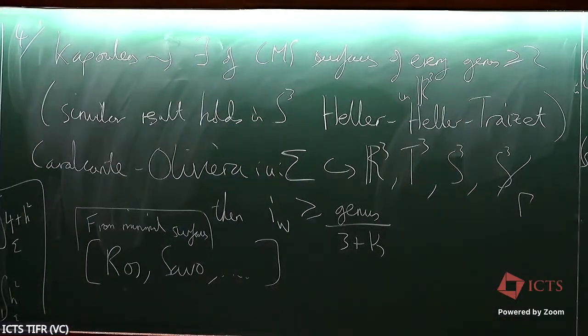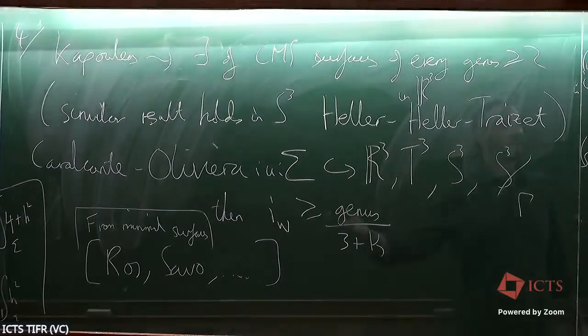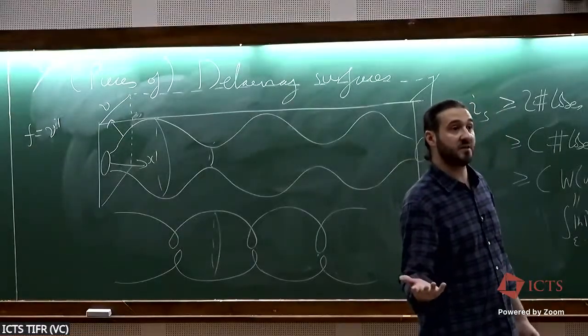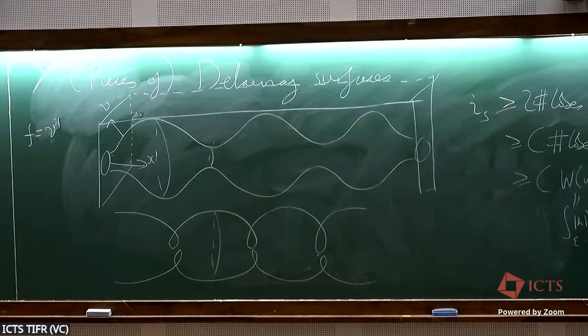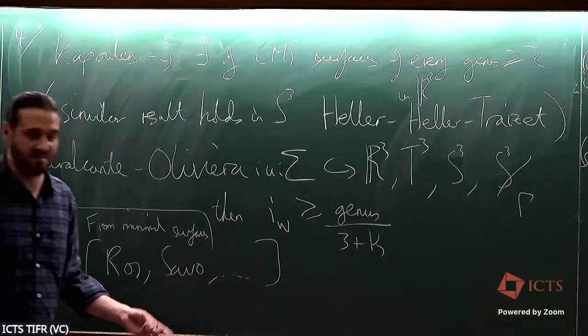So far, we certainly know that the more Willmore energy there is hanging around, the more index we should expect, at least in this family. We also know that the more genus we have hanging around, the more index we have.